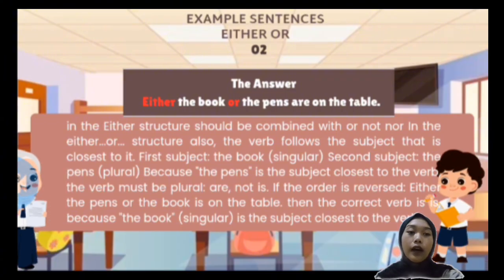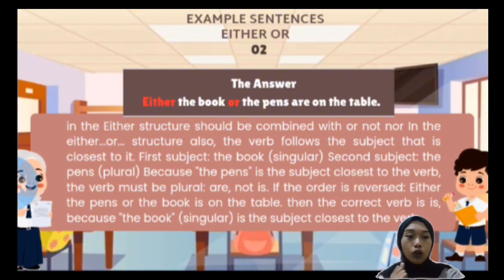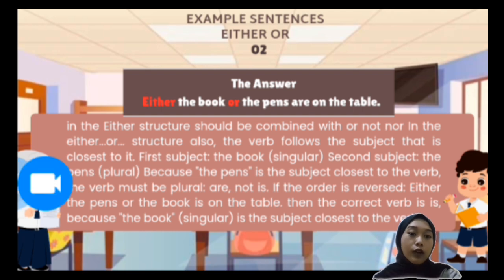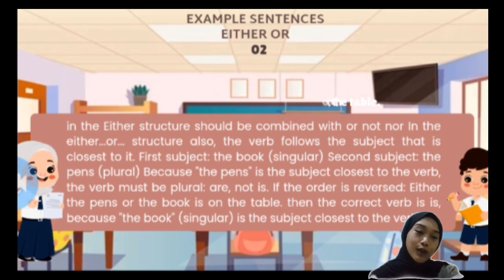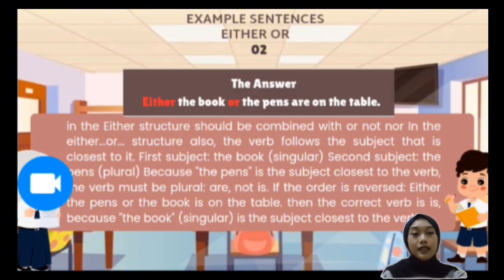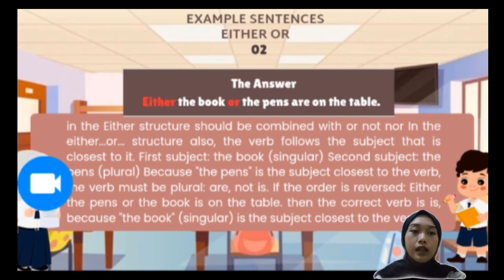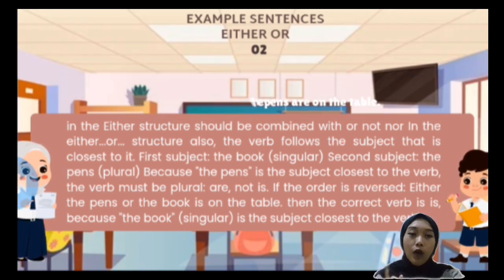This follows the English grammar rule for compound subjects joined by either/or. An incorrect sentence: either the books nor the pens is on the table. The sentence is incorrect because, 1.